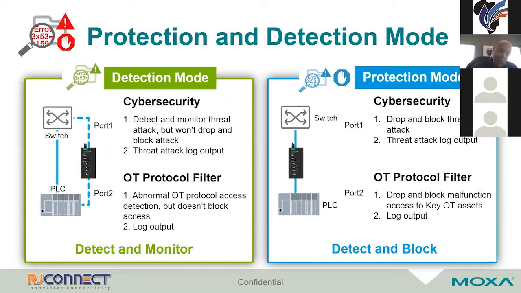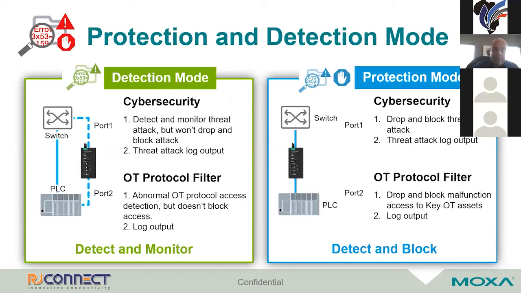And a lot of customers will go to detection first and say, okay, we understand the network's actually fine, we're having no attacks, but we can then take the same device and move it into protection mode. So now we do detection and blocking, dropping of attacks physically on the network. So you could start initially with detection only and then move from detection to prevention, with the same device, by the way.